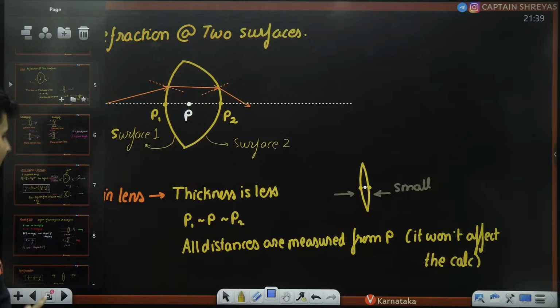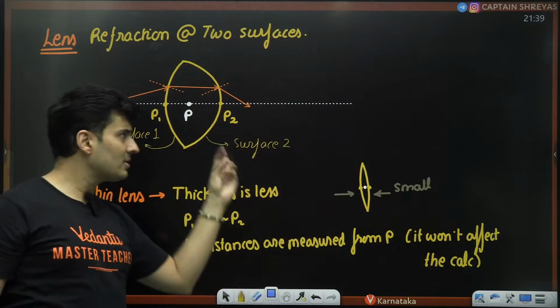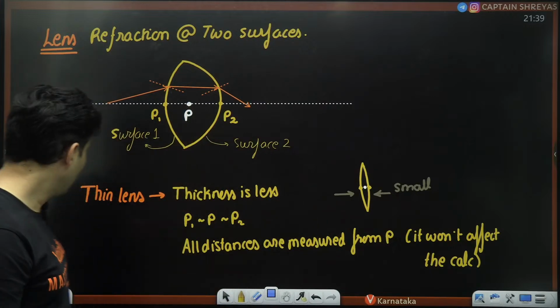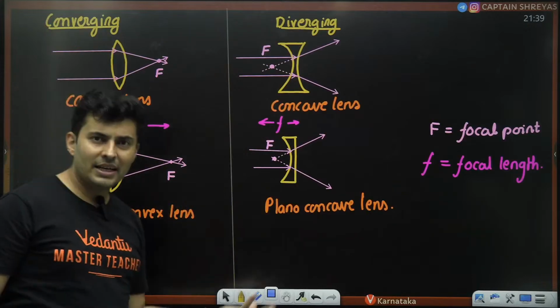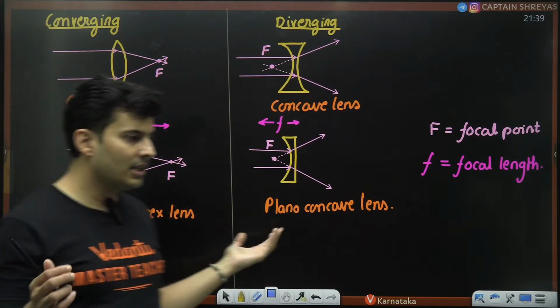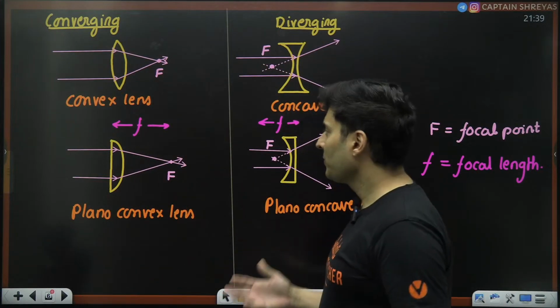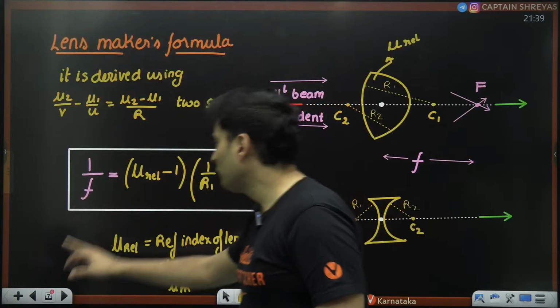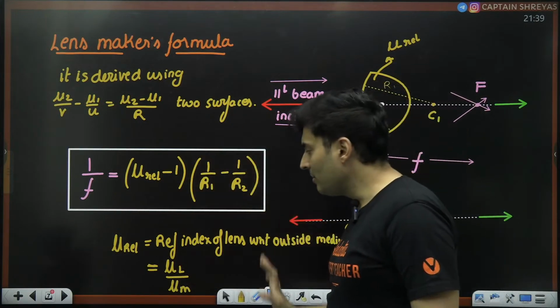What is a lens? It's nothing but refraction at two surfaces, but we consider thin lenses. All distances are measured from this point, so it doesn't make a difference. Second important thing, there are many kinds of lenses: converging, diverging, concave, plano-concave, convex, plano-convex, right? And you can find the focal length of such a lens using the lens maker's formula, which is ready-made for you.